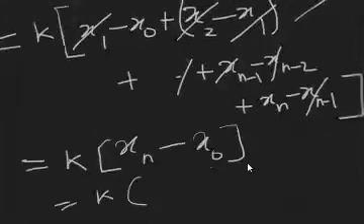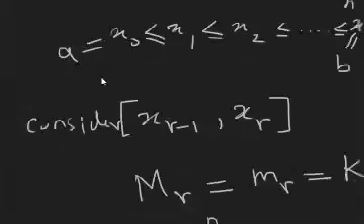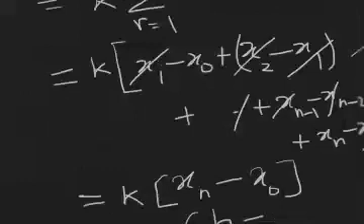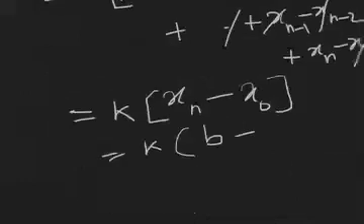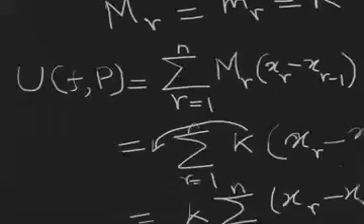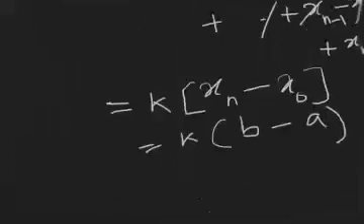So k times x sub n, which is b, minus x sub 0, which is a. I think you remember that, x sub 0 is equal to a. So this is the upper sum of f corresponding to partition P.